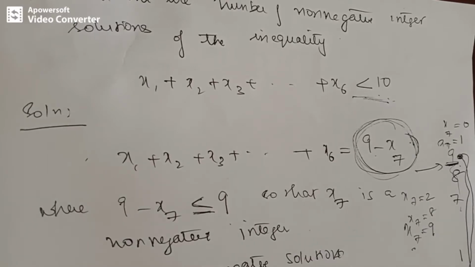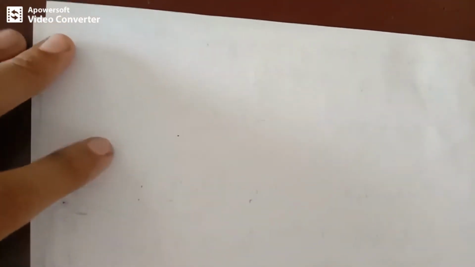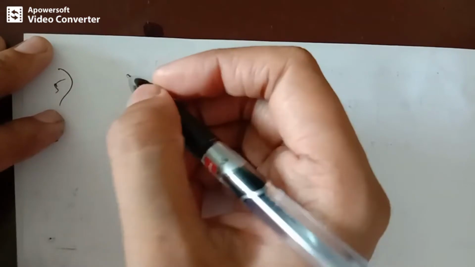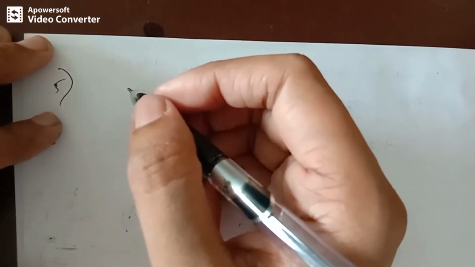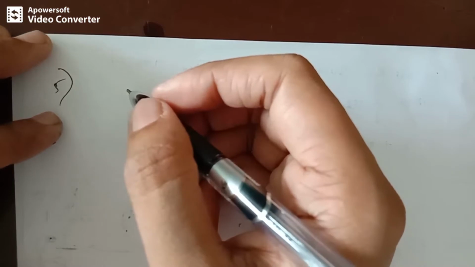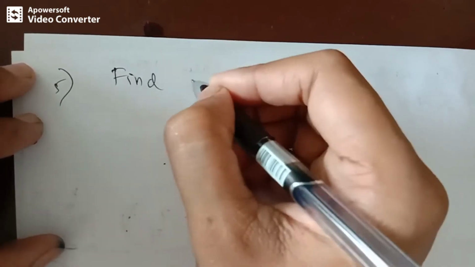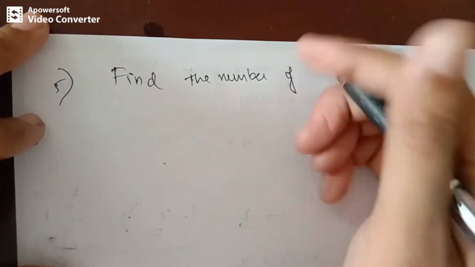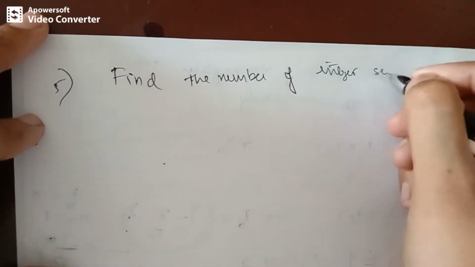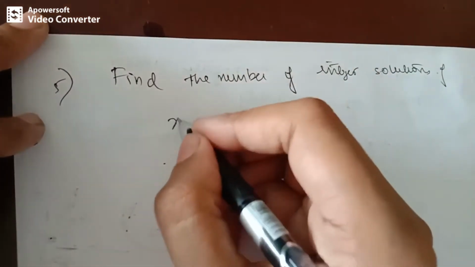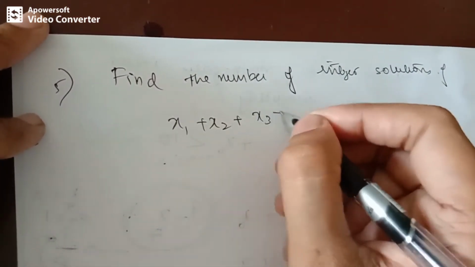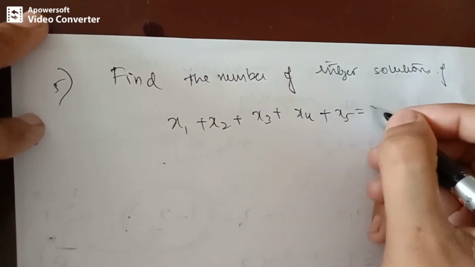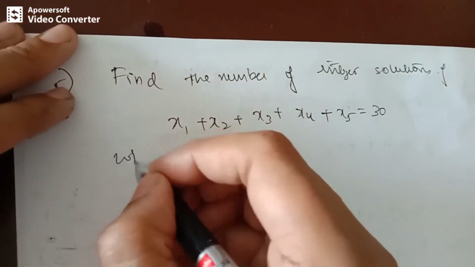So let's take another problem related to the same concept, but it's quite different. Let's say we are given a problem wherein we have to find the number of integer solutions of x1 plus x2 plus x3 plus x4 plus x5 is 30, where here the constraint is given.